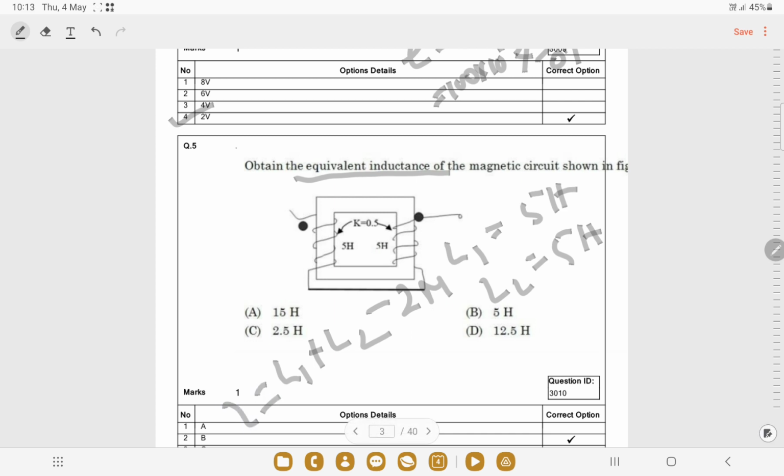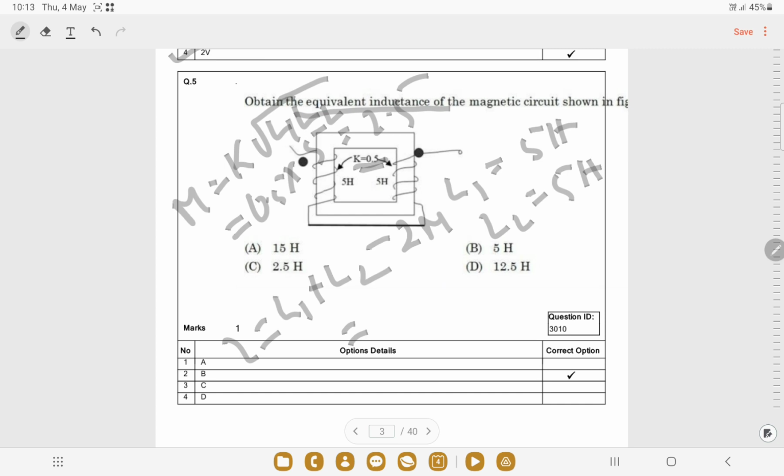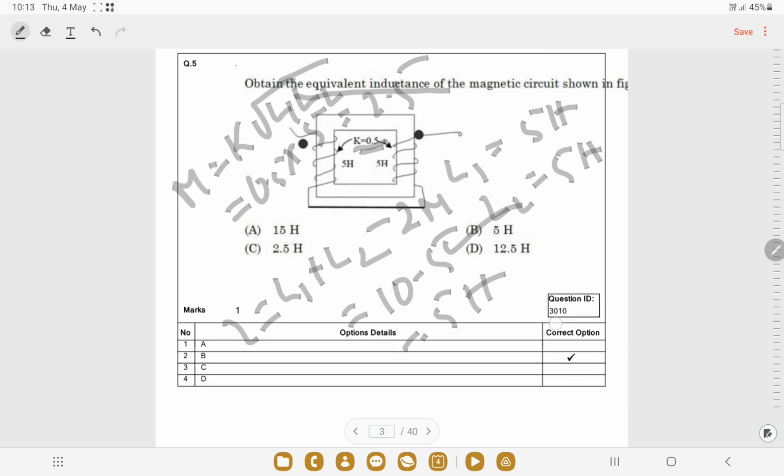How will you find out M? We can find out from this K value is given. We know that M is equal to K root over L1 L2. If you substitute the values, what we'll get will be 0.5 into root over L1 L2, L1 L2 is 25, root over 25 is 5, so it will be 2.5. Now if you substitute these values, if you solve it, it will be 10 minus 5, so it will be 5 Henry. So option B is the correct answer here.